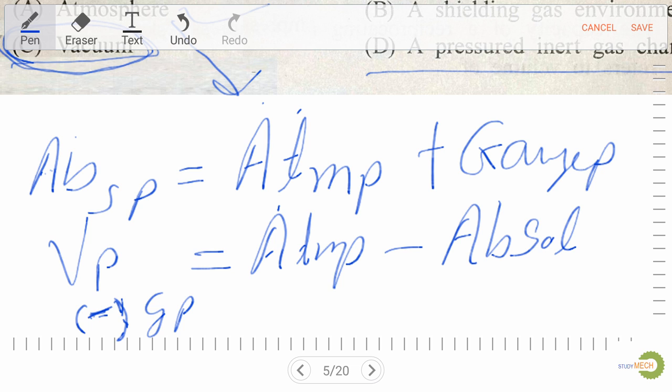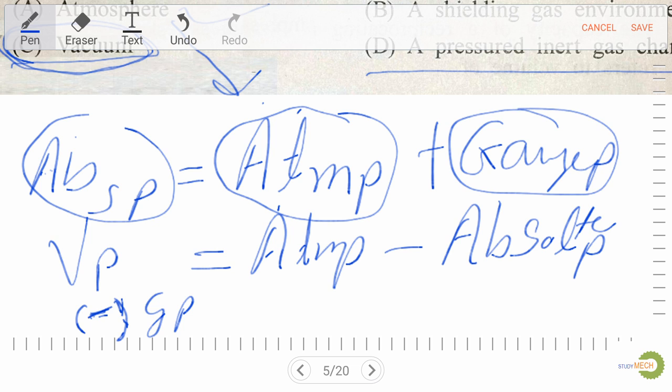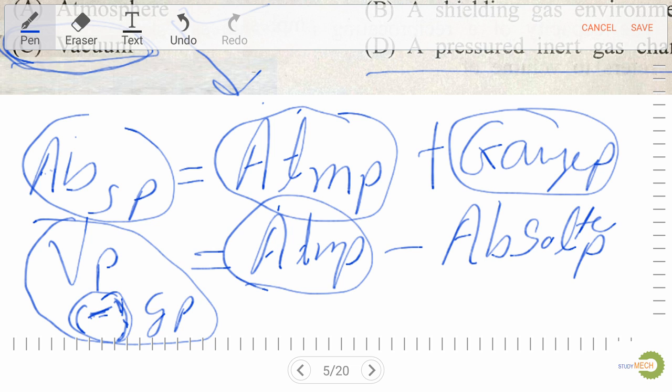So always remember these two equations, very important from the exam point of view.